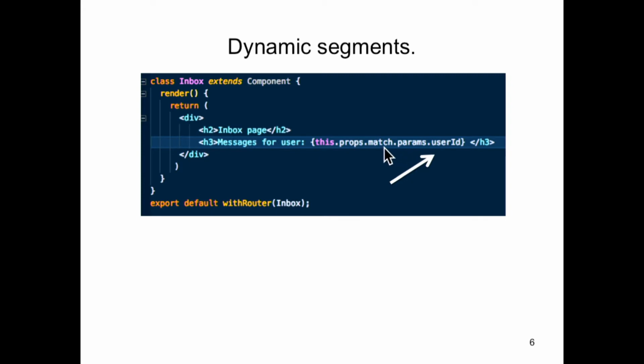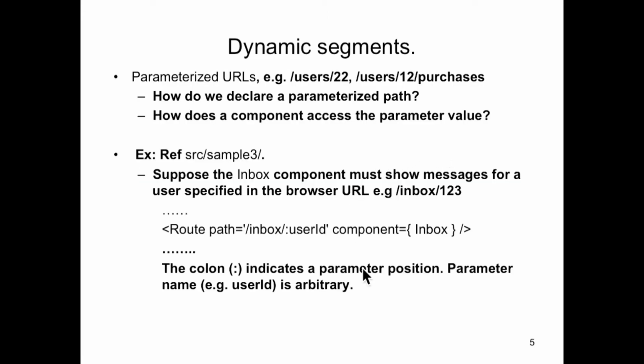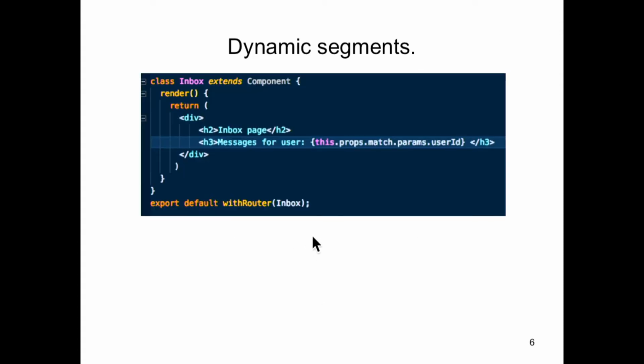There's a match object attached to the component's prop object, and that match object also has an inner object called params, and that params object has a property called, in this case, user ID. User ID here obviously comes from the URL path. So it's quite long-winded, but that's how we access it.